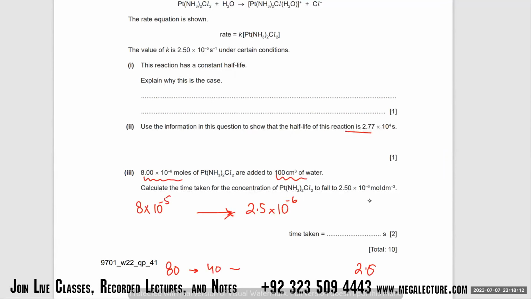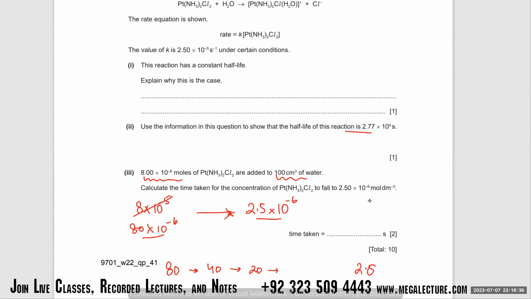Second half-life, that decreases it to what, 20? Why is it 80? I just converted this into 80 times 10 power minus 6, right? So I'm just ignoring the 10 power minus 6. Is that clear? Okay. Yeah.